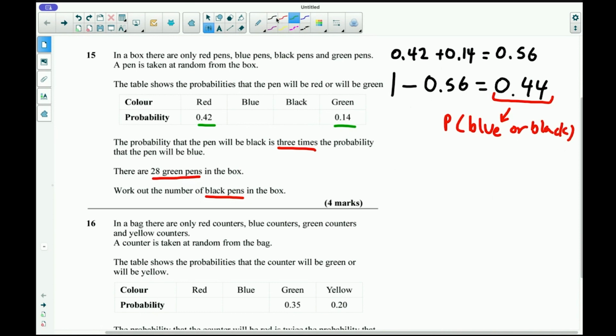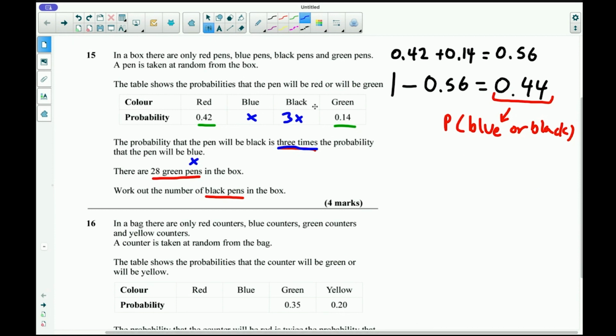All right. So our next step is to figure out what blue and black are represented by, and we're going to come back to this statement here. The probability that the pen will be black is three times the probability that the pen will be blue. Well, it's going to be three times something. We don't know what the probability of blue is going to be, so I'm just going to call that X. Since blue is X and black is three times this probability, it's just going to be 3X.